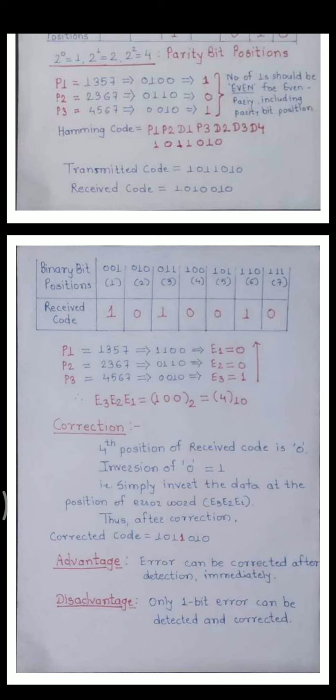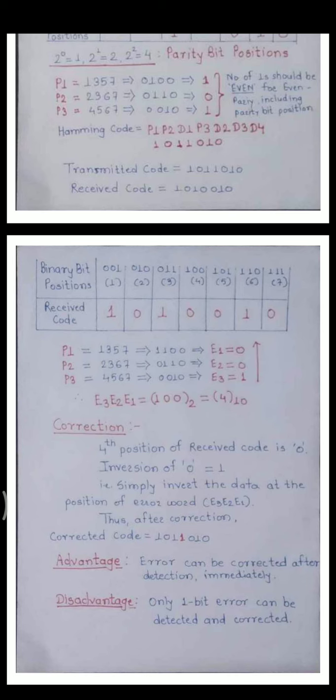Again for P3, the positions are 4, 5, 6, 7, and the corresponding data is 0010. Here the number of 1s is 1, which is odd. So there is an error. Therefore, E3 is equal to 1. And the error word is E3, E2, E1, so we have to write from E3 to E1. We have shown the arrow here.